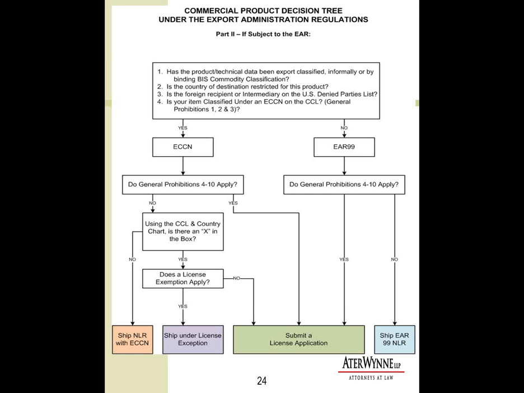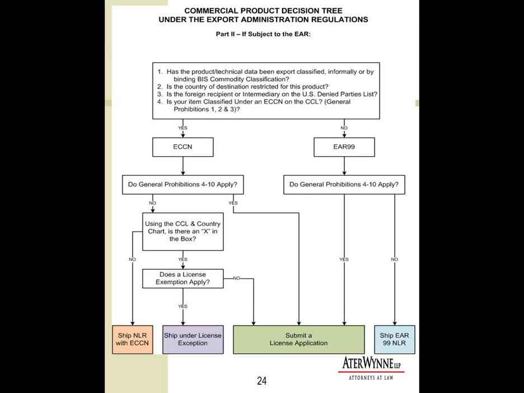Assuming that you've done a clearance of, or you've double-checked against the consolidated screening list maintained by the U.S. Department of Commerce, whether any parties in the transaction are banned from export privileges, assuming that everybody is fine, you need then to determine, do I need approval basically before I export, or is a license required?